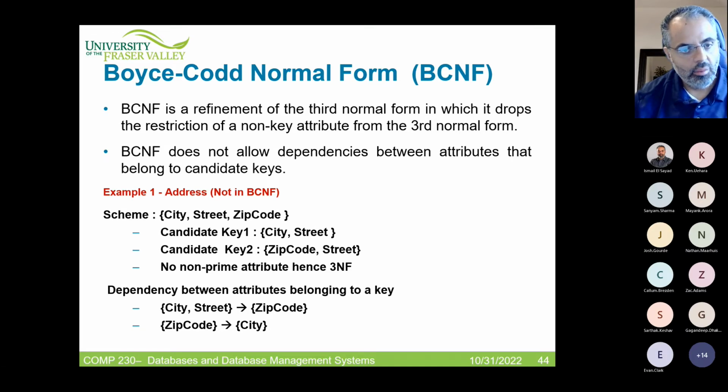Based on the discussion that we had with Josh, BCNF concentrates on the primary key or candidate key. It doesn't care about the non-primary ones. However, the third normalization considers the relationship between non-primary attributes. There is no relationship between them in this case.